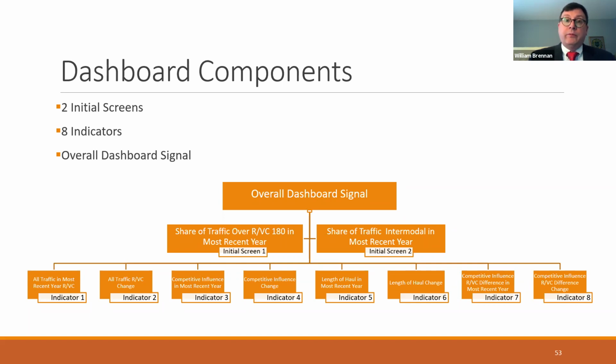We again point out that the overall dashboard signal does not by itself suggest any particular recommendation and is not intended as a mechanical rule used to dictate decisions about revocation or exemption for particular commodities. Rather, the strong, moderate, and weak overall dashboard signals are merely suggestive of whether market conditions may have changed in the last quarter century.